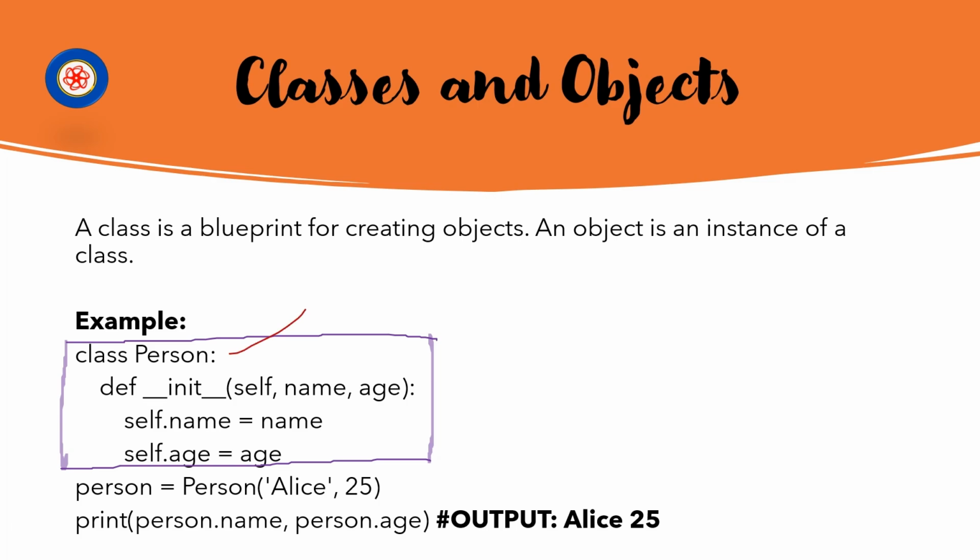This code defines a Person class. person1 is the instance of the class, or object. As I had already said, a class is a blueprint. We are creating this person1 object from the blueprint, that is, from the Person class. This person1 object is an actual object which is created from this class blueprint.